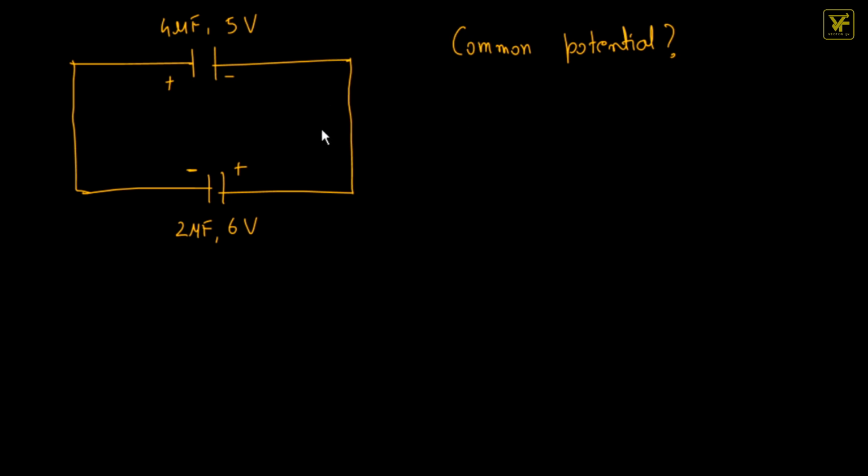To find the common potential, again, what you can assume is the left hand side of the circuit is completely isolated from the right hand side. What were the charges on the left hand side? On this plate, charge was plus 20, and charge on this one is minus 12. So total charge is 20 minus 12, which is 8 microcoulombs.